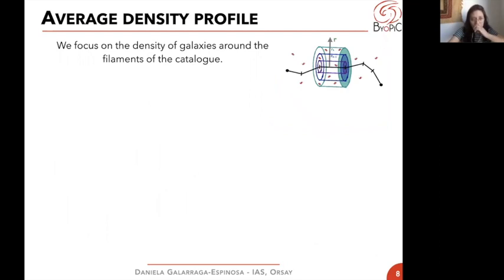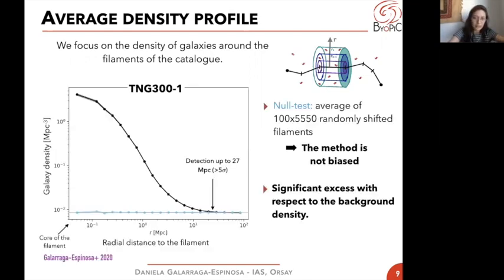So let me now show you some of my results. I computed an average density profile of galaxies around the filament. Basically, I counted the galaxies in concentric cylinders that were aligned with the axis of the filament, and then I divided this number by the volume of the cylinder, and this is what we get.